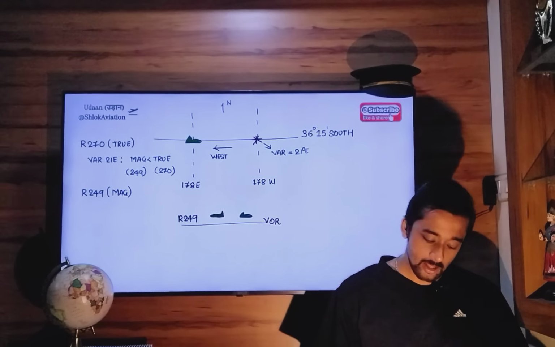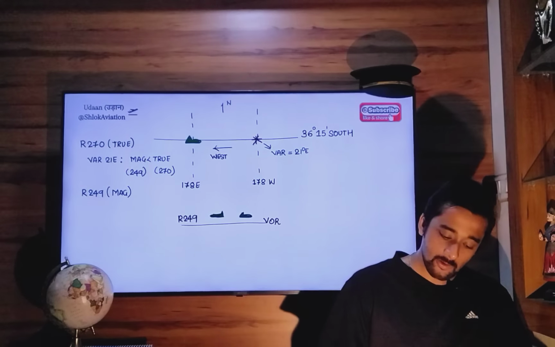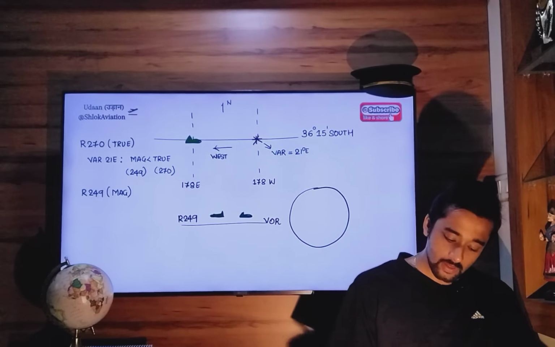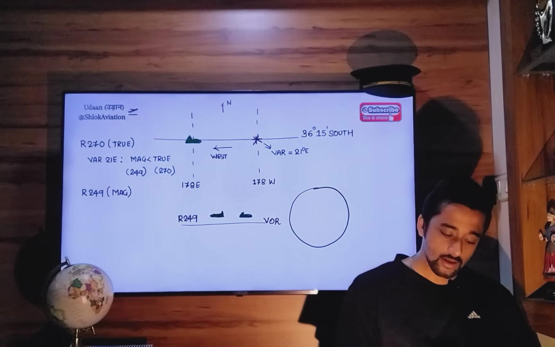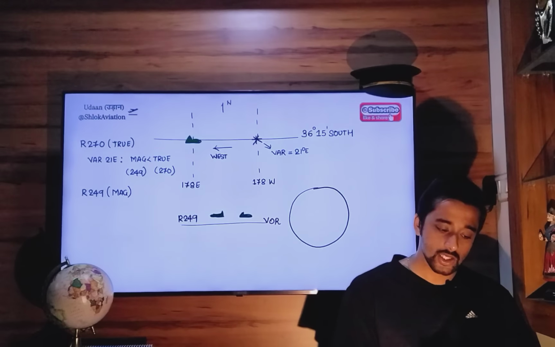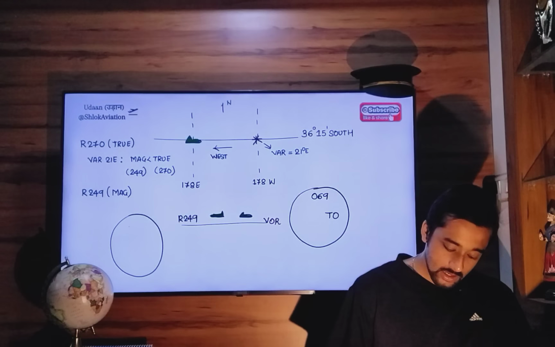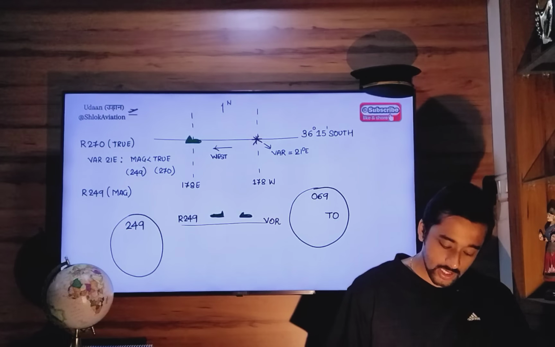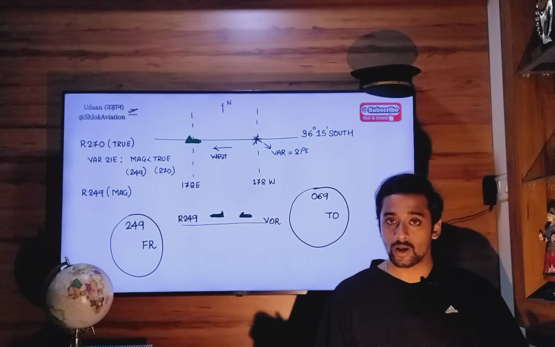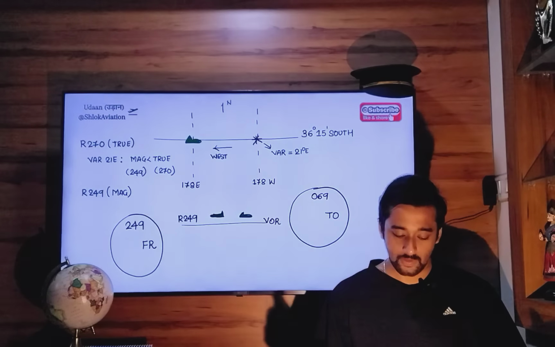If you're flying inbound on radial 249, you're going to set your OBS 069 in order to get a TO indication. If you're flying outbound on radial 249, set OBS radial 249 to get a FROM indication.